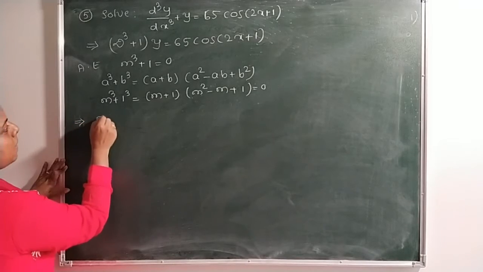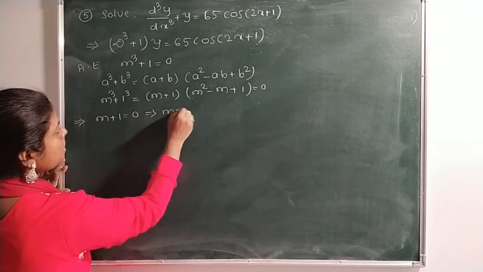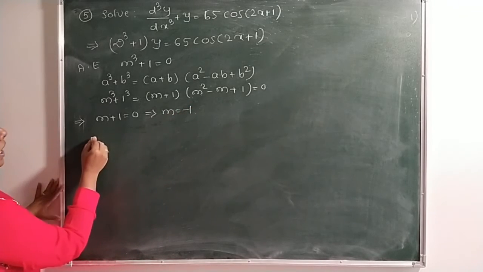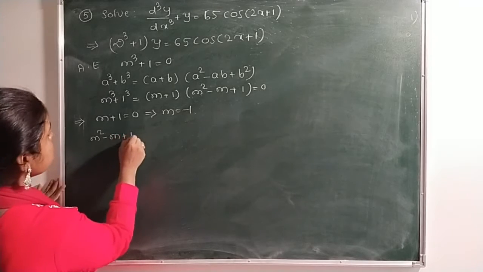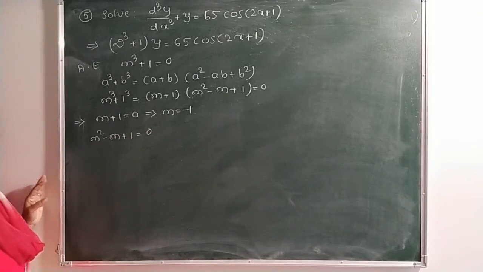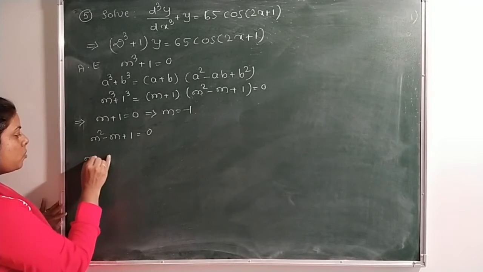Therefore, m plus 1 is equal to 0, meaning m is equal to minus 1. Another factor, m square minus m plus 1 is equal to 0. This is a quadratic equation. We have to simplify and apply the formula.